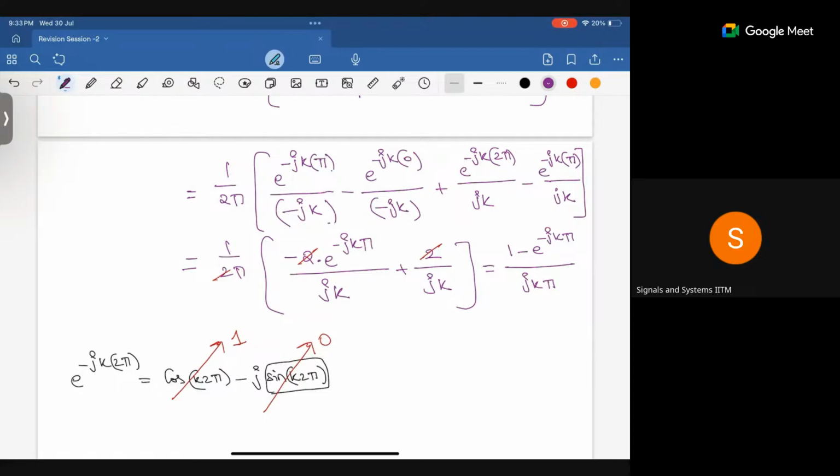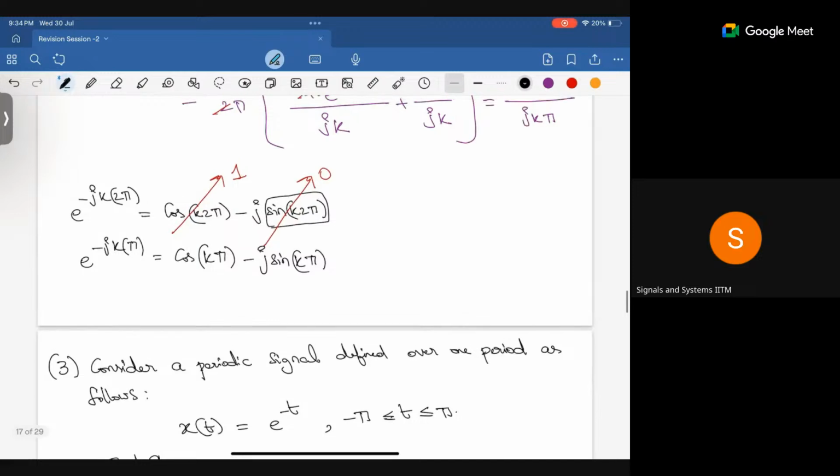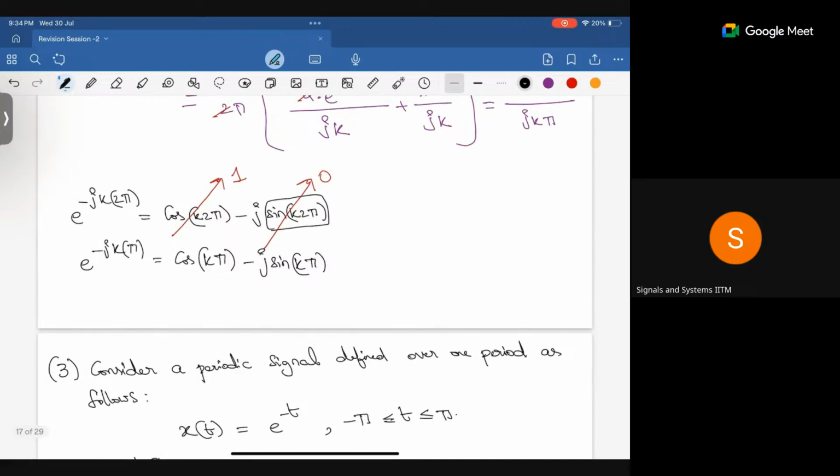Okay, even this you can further simplify if you want. So what will this be? E power minus jk pi will be cos k pi minus j sin k pi. So again, what is sin k pi? Come on, you should know these values.